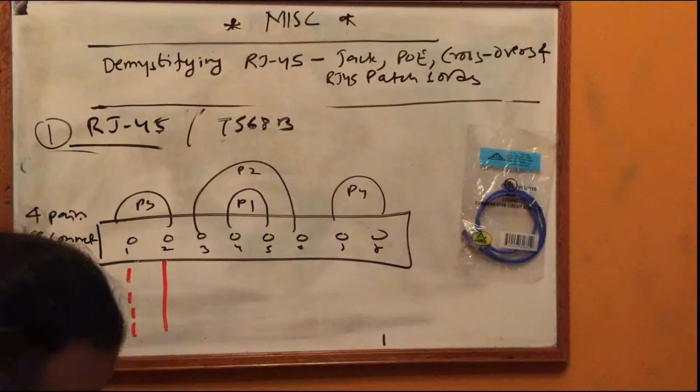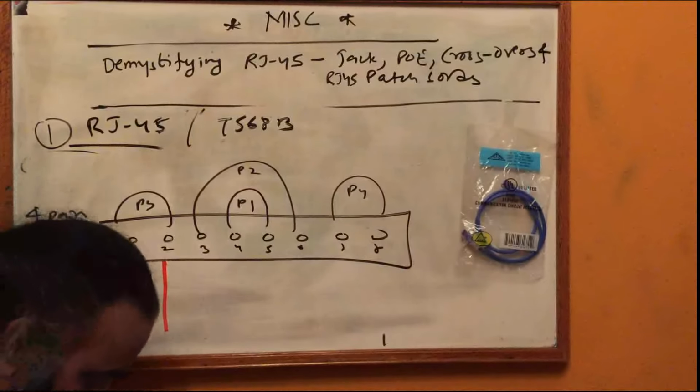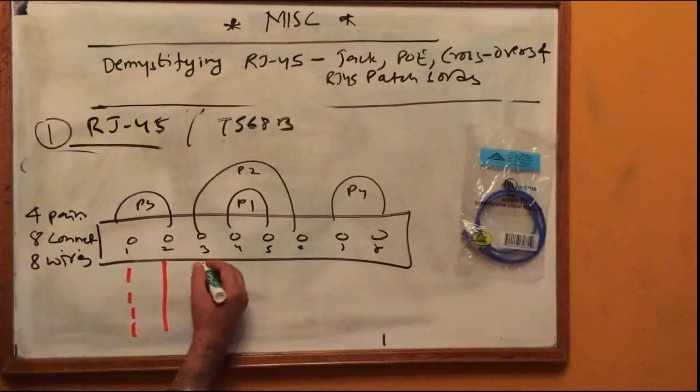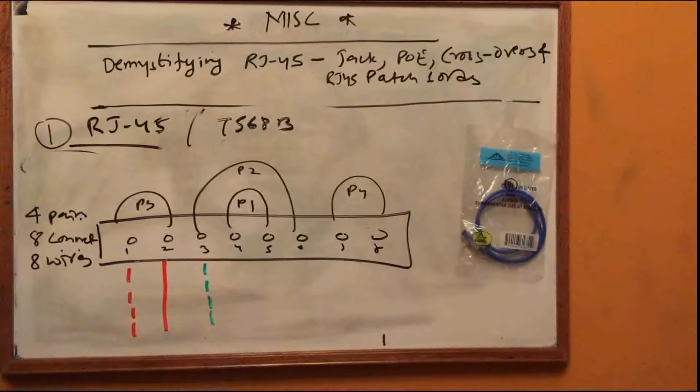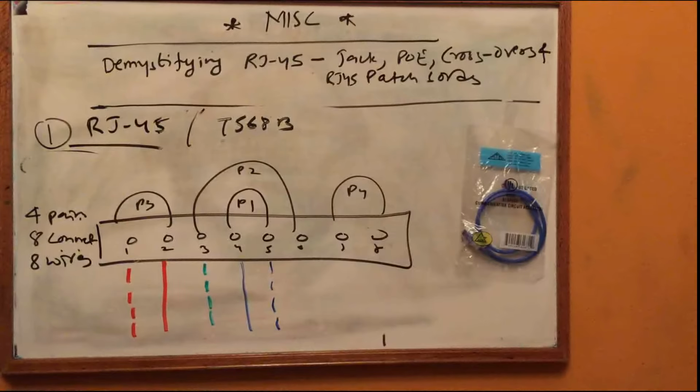If I can find my pen somewhere. Okay, I got it. Green, white. Then we have blue. Then we have blue, white. Then we have solid green.